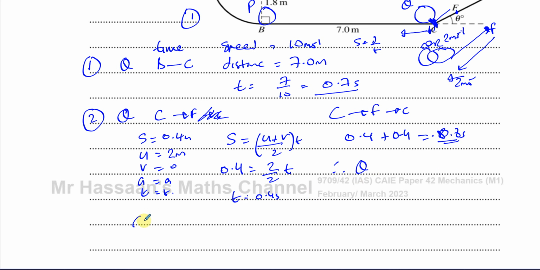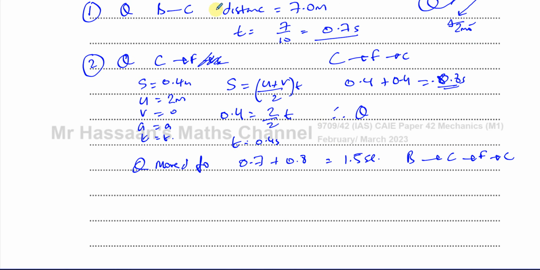So therefore we can say that Q moved for 0.7 plus 0.8, which is 1.5 seconds from going from B to C to F back to C again. So now Q has reached this point.